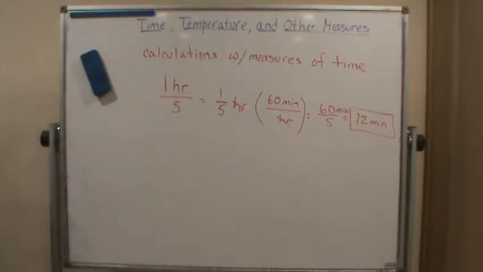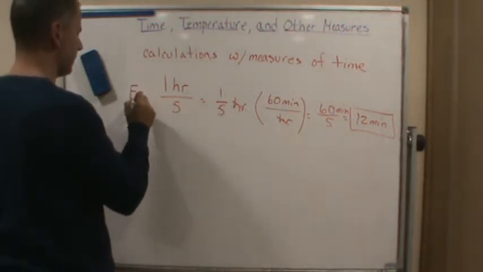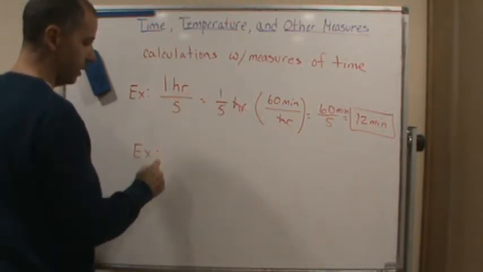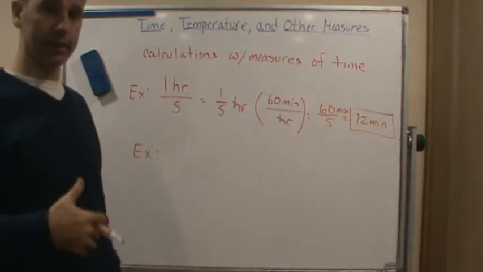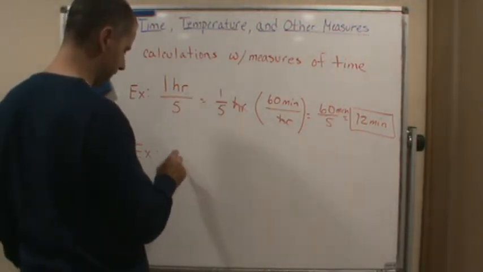So let's say we have another example. Let's say a technician can assemble one pre-cut picture frame in 7 minutes. How long will it take him to assemble 25 frames? Okay, so in this case, it takes him 7 minutes to construct a pre-cut picture frame.